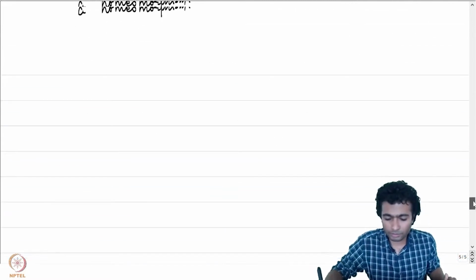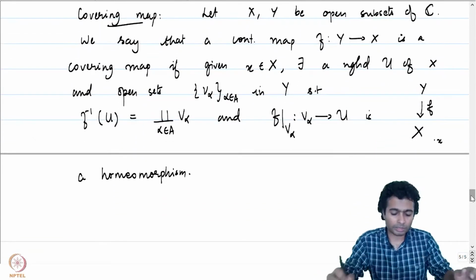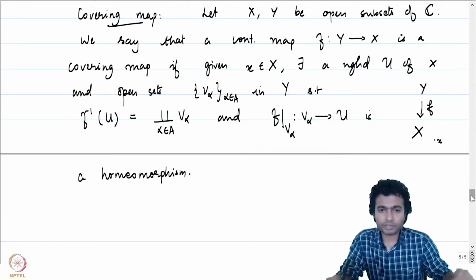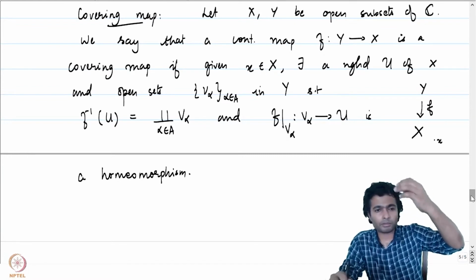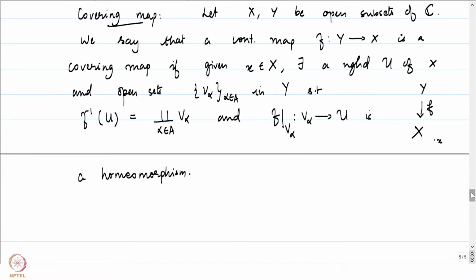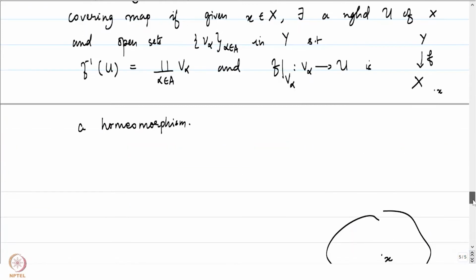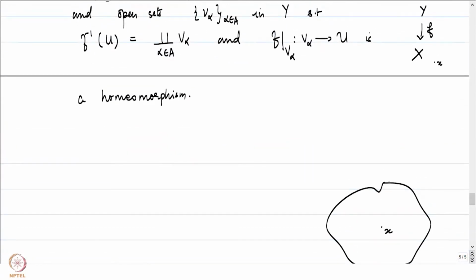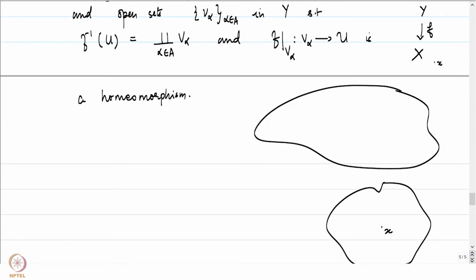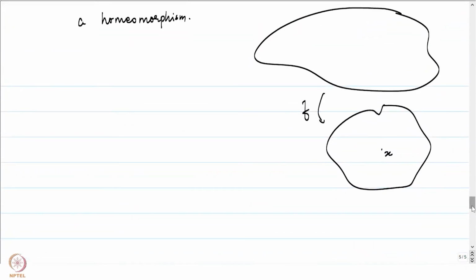Let's spend a few minutes to understand what this definition says. What it says is that if you have a map f from Y to X, and if you take some point small x in the base space, so many times the space X is referred to as the base space, then we have capital Y here, we have this map f. What the definition says is that there exists some neighborhood here which is now being shaded by red.